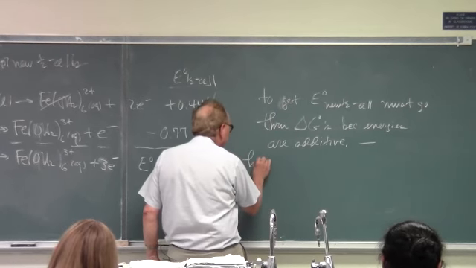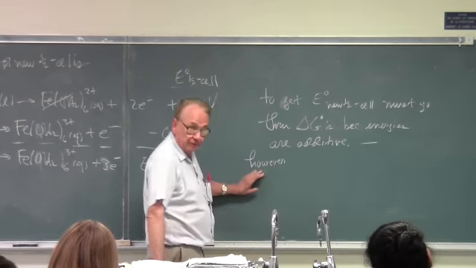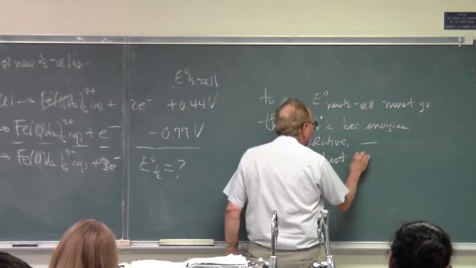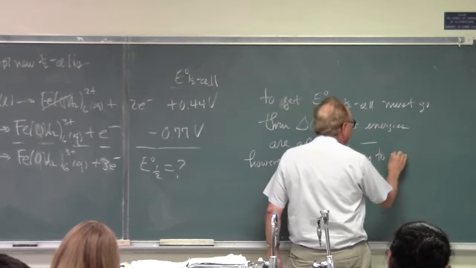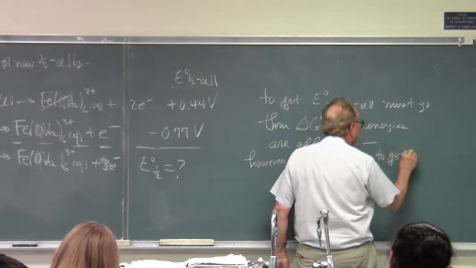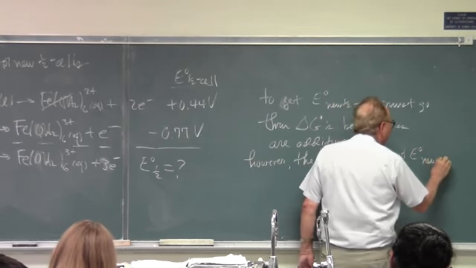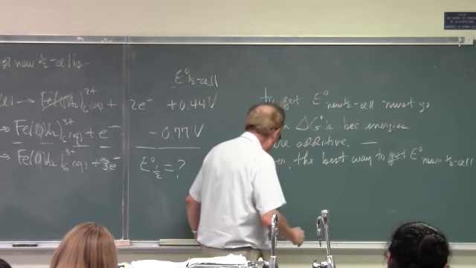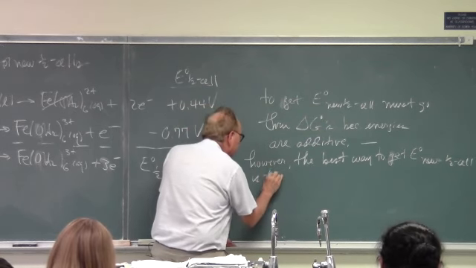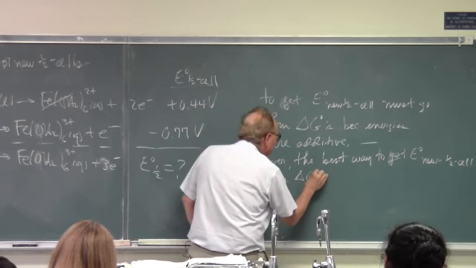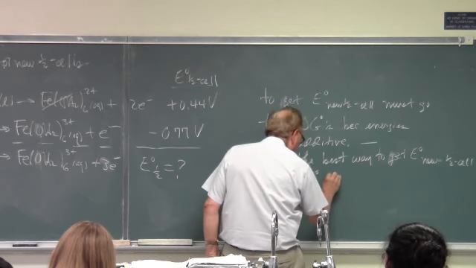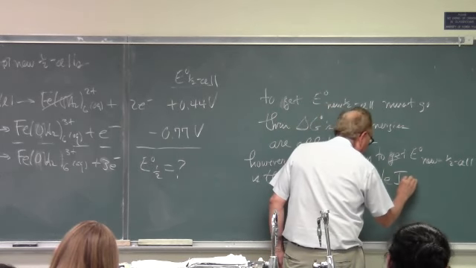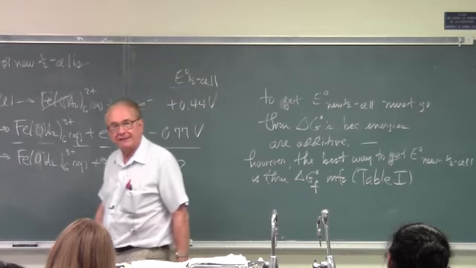However, and we'll do this part 2 tomorrow, the best way to get E0 for the new half cell is through delta G sub F super zero information, for example, such as we find great quantities of in table 1.